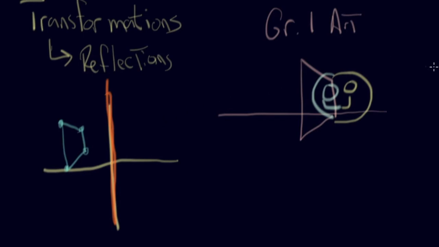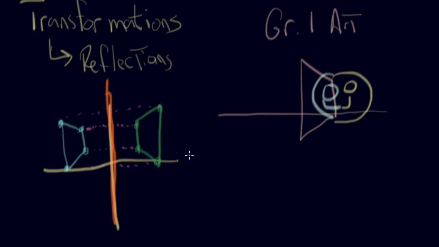Imagine you're literally flipping it across. You'd get something like this. Now, it looks like it got enlarged, but imagine it's not enlarged. It's the same size, same shape, with the same distance between the points. So the distance here is equal to the distance there, and so on. These are all going to be equal, and it gets reflected across.